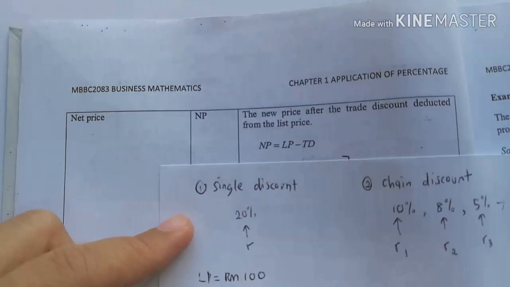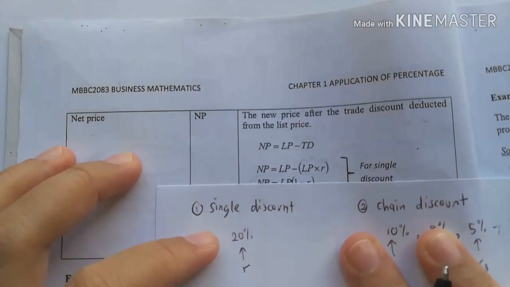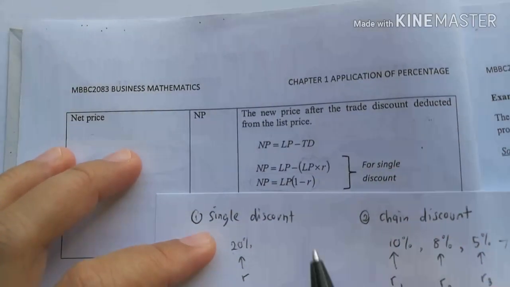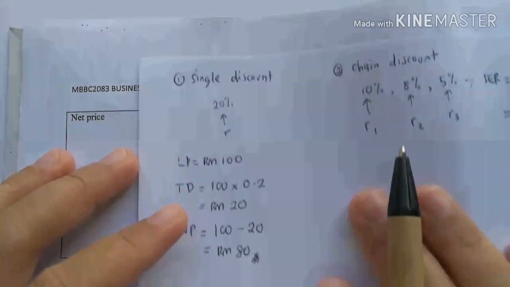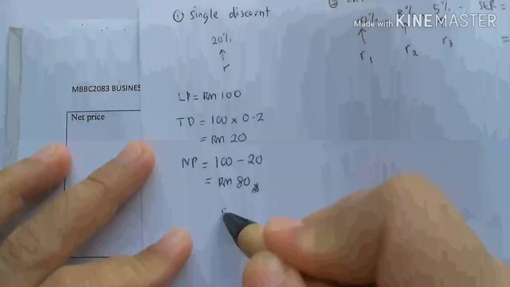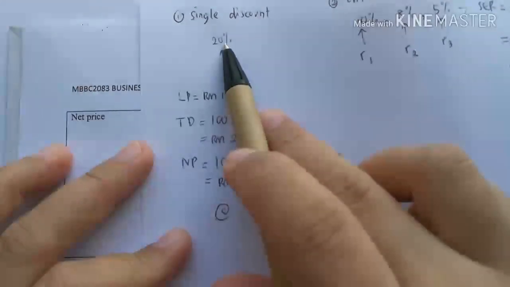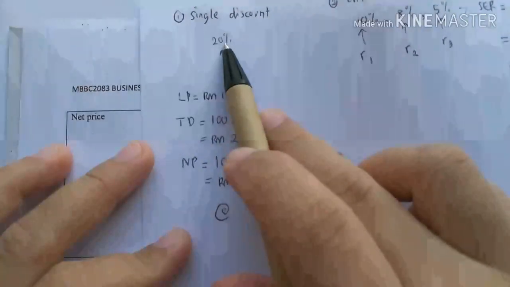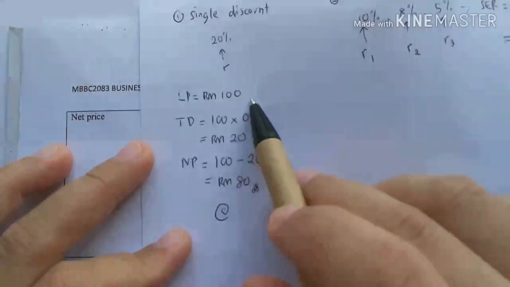And if you notice just now, we have another option to compute the trade discount for the single discount, which is by using this formula. Now, how does this formula work? Using the same example here. If you have 20% discount, it means that you only have to pay 80% of the original price.